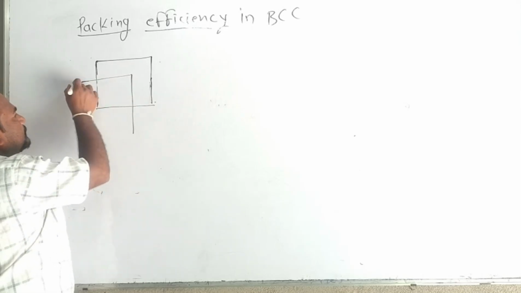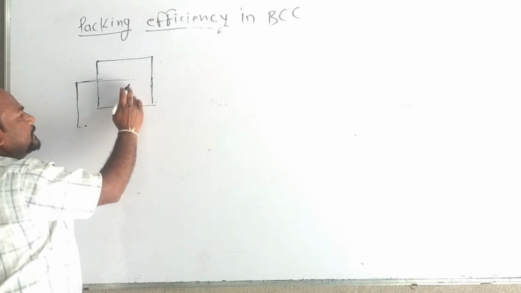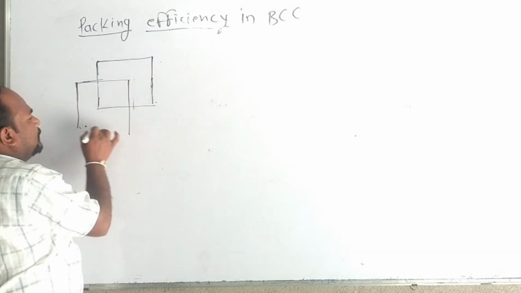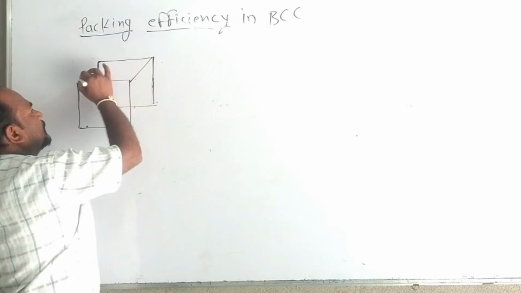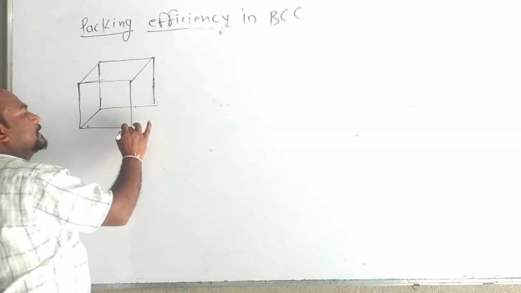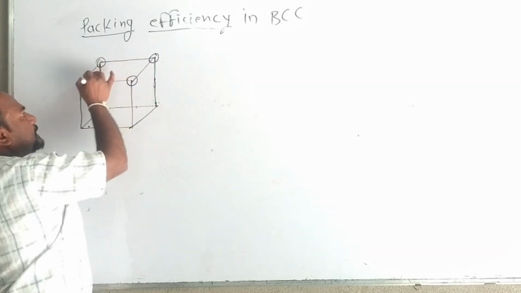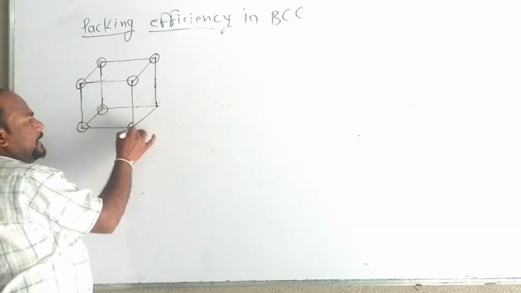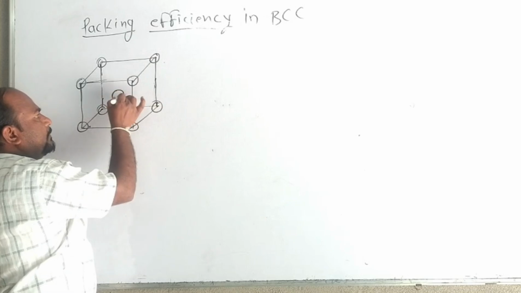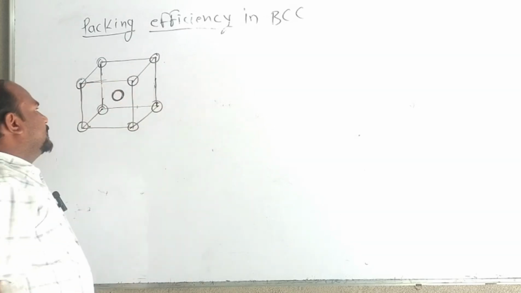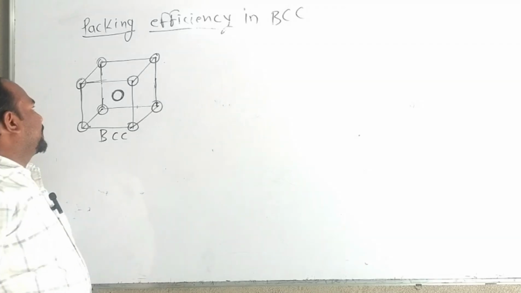We know that in a body centered unit cell, particles are present on each corner, as well as, in addition to the corner particles, one separate particle is present at the center of the body. So these are corner particles and one particle is present at the center of the body. So this is nothing but BCC.